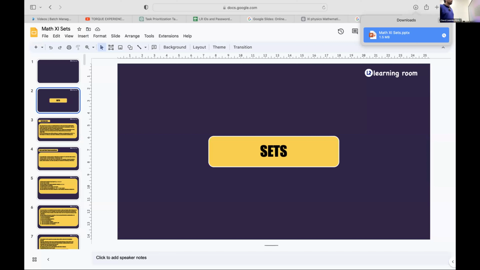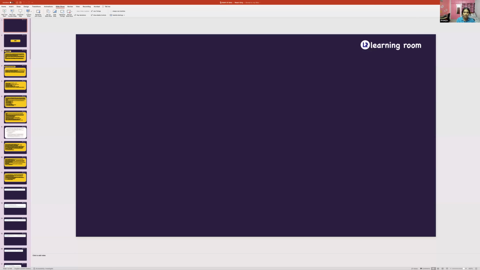Ananya, are you able to see my screen? Yes, sir. Is it visible? Yeah, I'm able to see the presentation. Is it appearing small or big? It's not zoomed in, the presentation. It's appearing small, right? Now I can see.